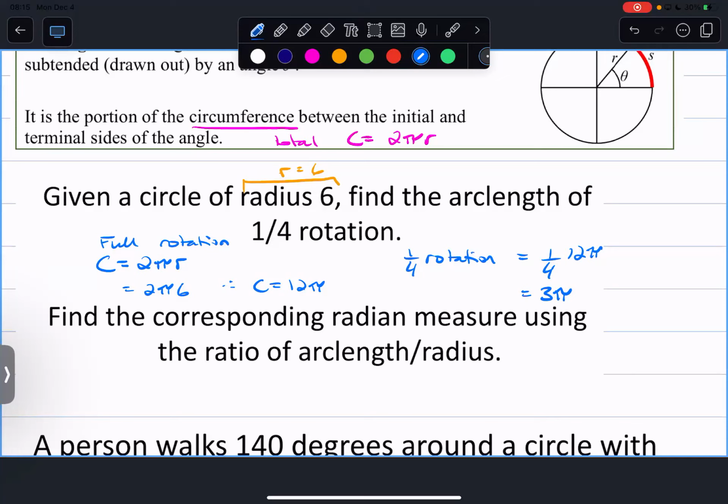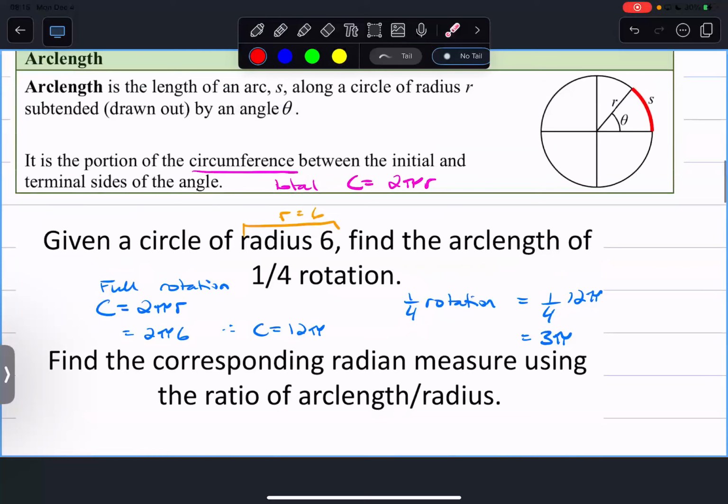Uh-oh, I forgot to cut one thing. Radians. 12 pi divided by 4. Now you got me second guessing myself. I was feeling confident.